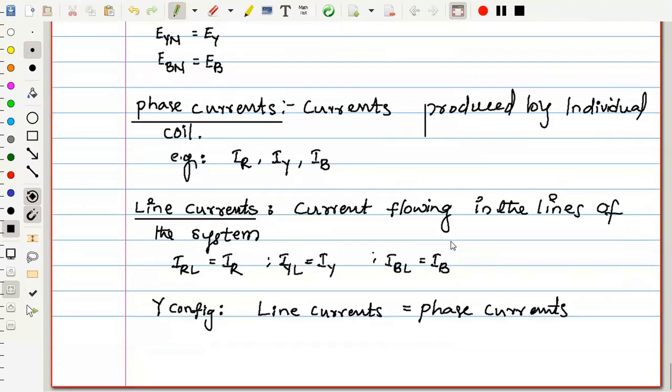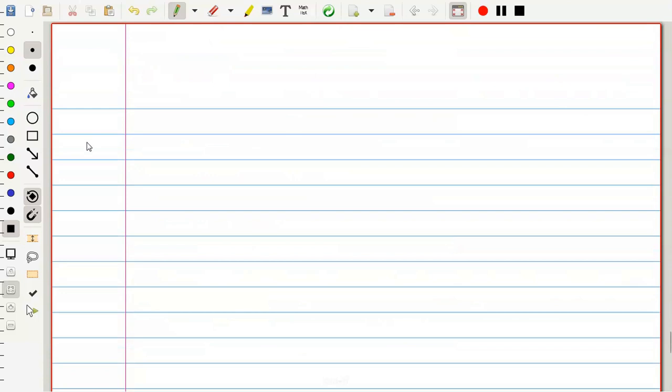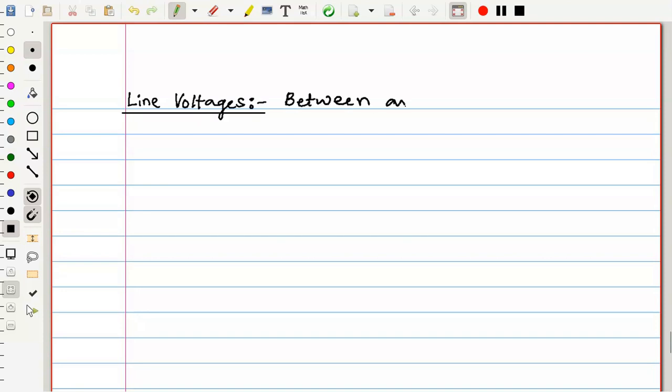So let me write these line voltages first. These are the voltages between any two lines of the generator. The generator has three lines.